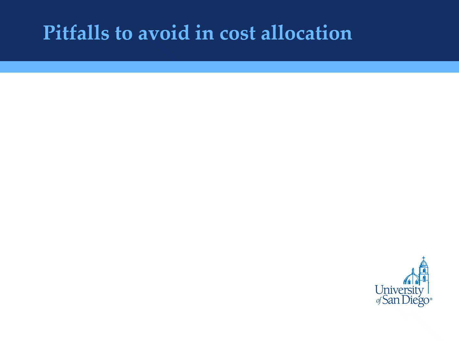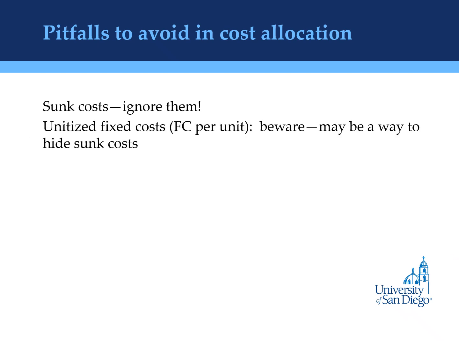And so some of the pitfalls we need to avoid in cost allocation. Firstly, with sunk costs, you ignore them. There's nothing you can do about them. Unitize fixed costs, that's fixed cost per unit. It might be a way to hide sunk costs. So if your suppliers are quoting fixed costs per unit, you need to interrogate those in case what they're doing is they're hiding sunk costs.